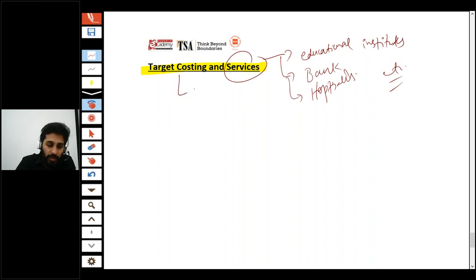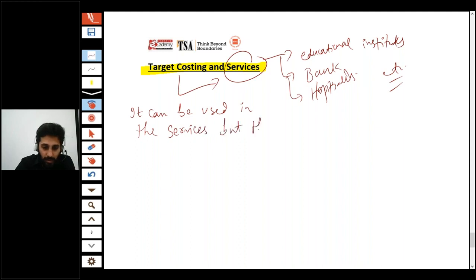So target costing and services, it can be used in the services, but there are some challenges.